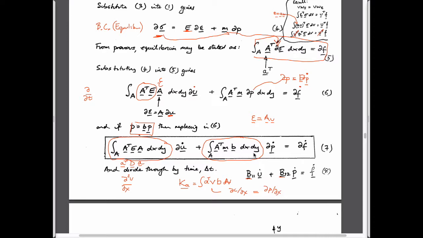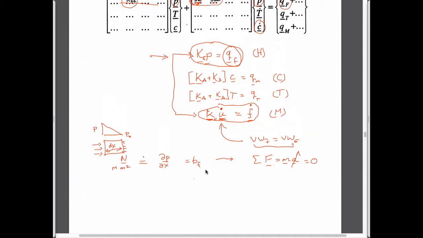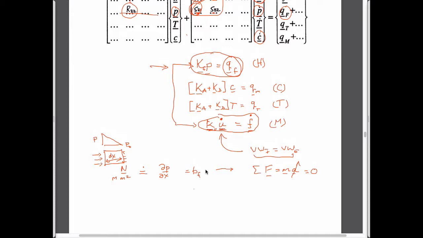So this expression is that behavior we talked about, the linkage between the mechanical and the flow behavior, in that we represent the linkage as a body force. The body force per unit volume is a pressure gradient, as we said here. And so this term is exactly the form of that linkage.